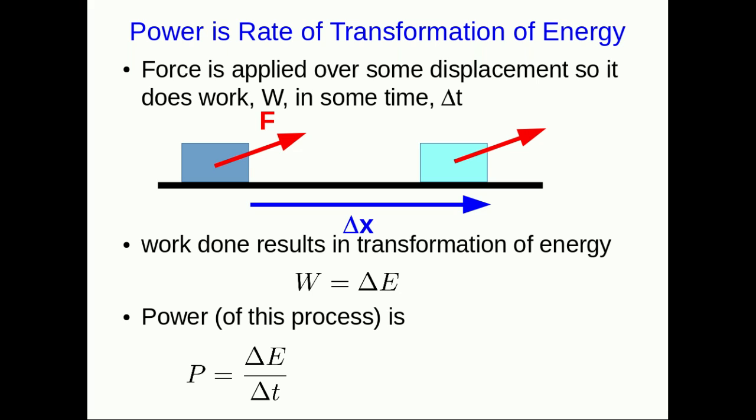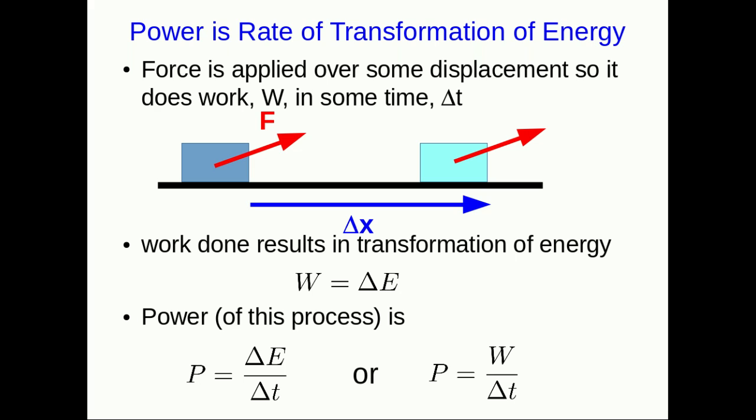But in any case, whatever this process is, where energy is being converted from one form to another, the power of the process is just the energy converted divided by the time it takes, or equivalently, if it's a force doing work that's causing that energy transformation, then it's the work divided by the time taken.